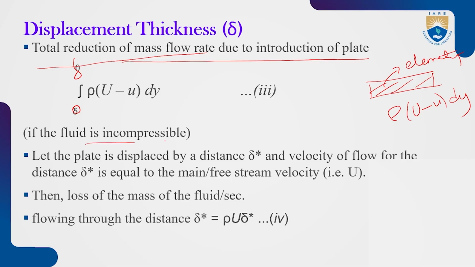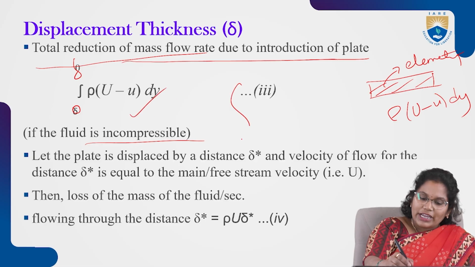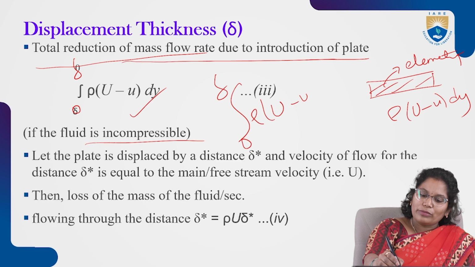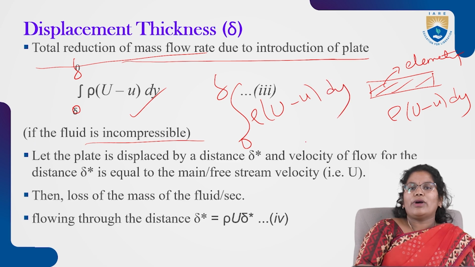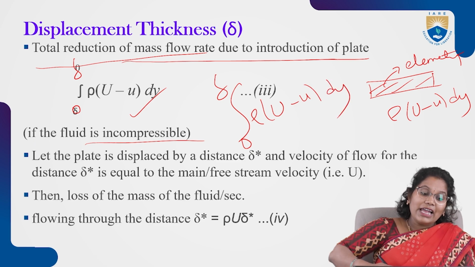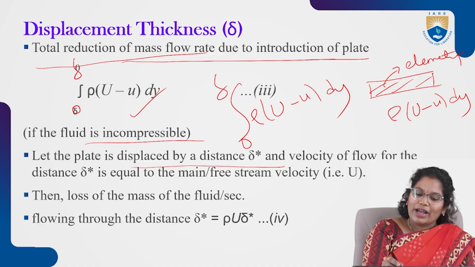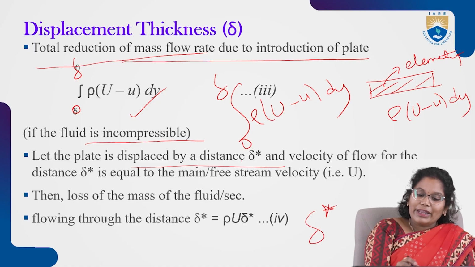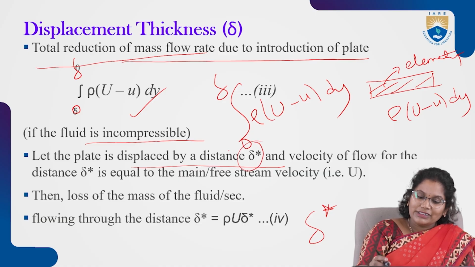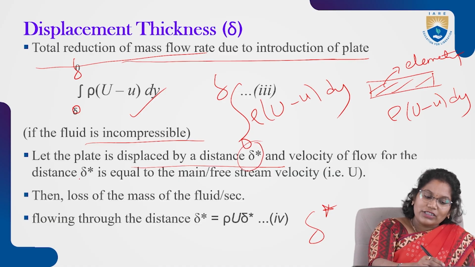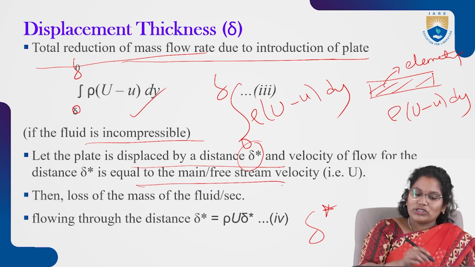So if the fluid is incompressible, this is the equation. The integration from 0 to delta of rho into capital U minus small u into dy is your displacement thickness, right? Let the plate be displaced by delta star, that is the displacement thickness. The velocity of flow for the displacement is equal to the mainstream velocity.